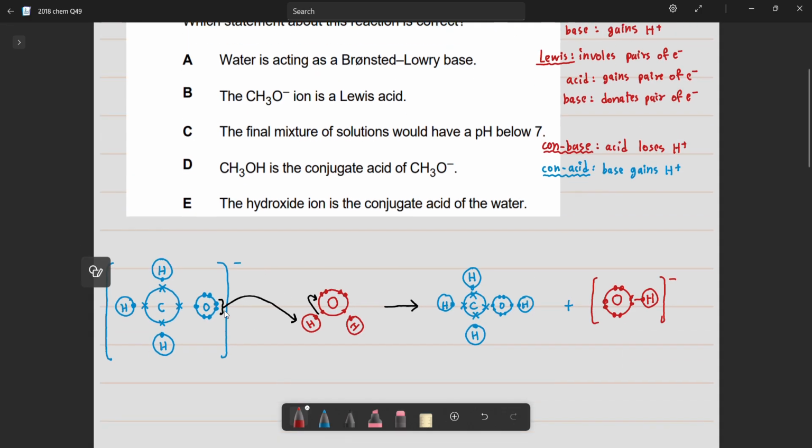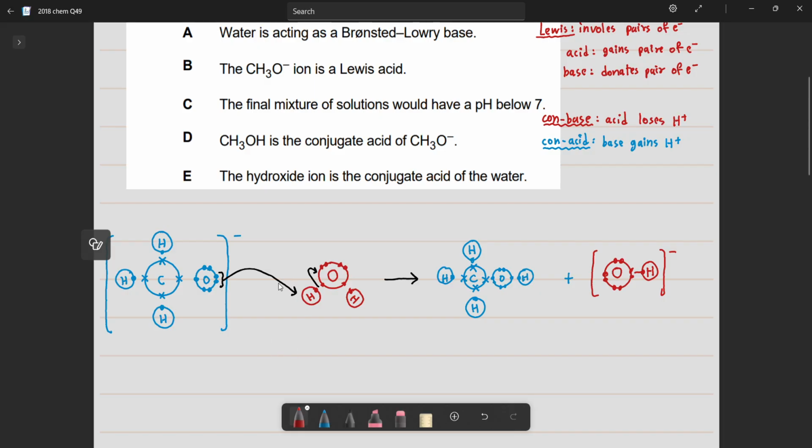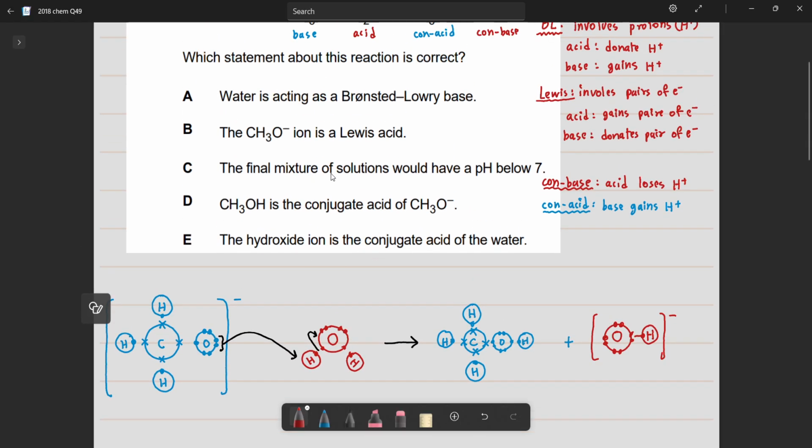Now we can clearly identify the transfer of electrons and protons here, which makes it easy for us to identify which one acts as Lewis acid or base, or Brønsted-Lowry acid and base. Now we can easily solve this question. Which statement about the reaction is correct? Option A says water is acting as a Brønsted-Lowry base.